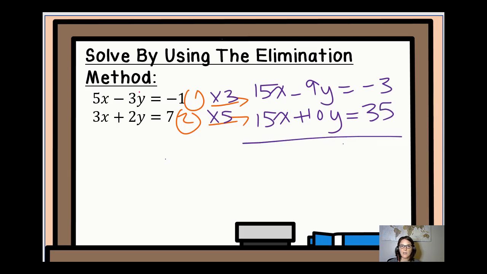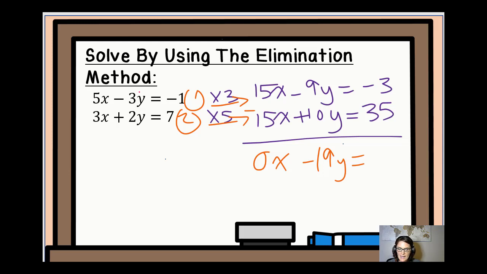Okay, so to eliminate the 15x's, we're going to subtract the two equations. So 0x, so negative 9 minus negative 10 is negative 19y.